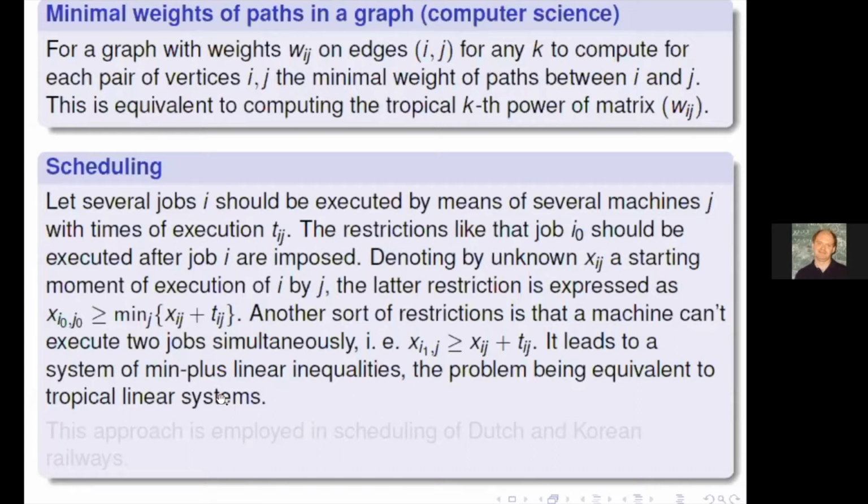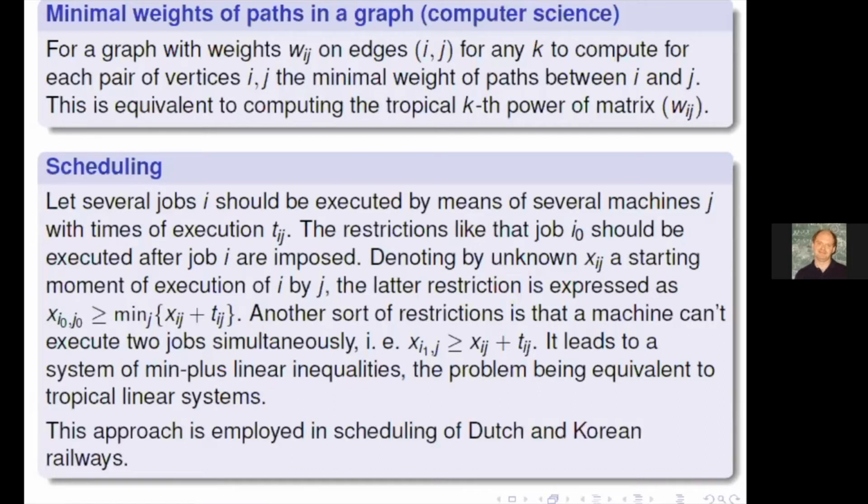And these systems of min-plus linear inequalities are, it's not difficult to see, equivalent to tropical linear systems. And so, for tropical linear systems, there are quite good algorithms, and this is really practically used in composing the schedule of railways in the Netherlands.